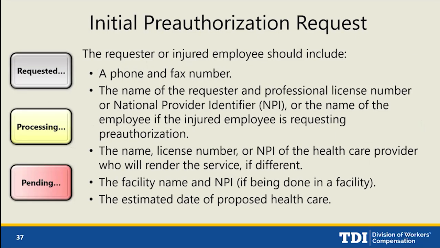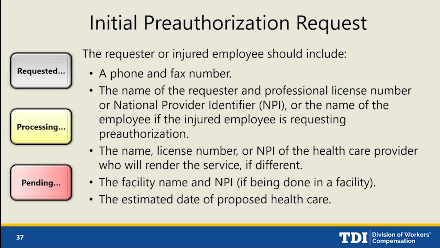All right. Also include phone numbers, fax numbers, the name of the requester, the license number, and the NPI number of that healthcare provider. This is the healthcare provider who will render the service. If that's different, be sure to include their name and number. So if this is going to be done at a facility, name the facility, give that NPI number, and the estimated date that you think the surgery will be done.